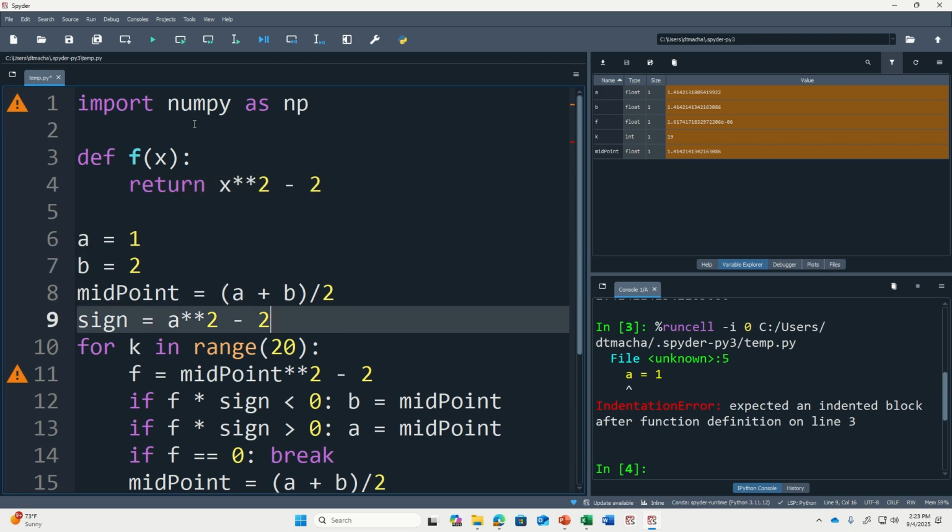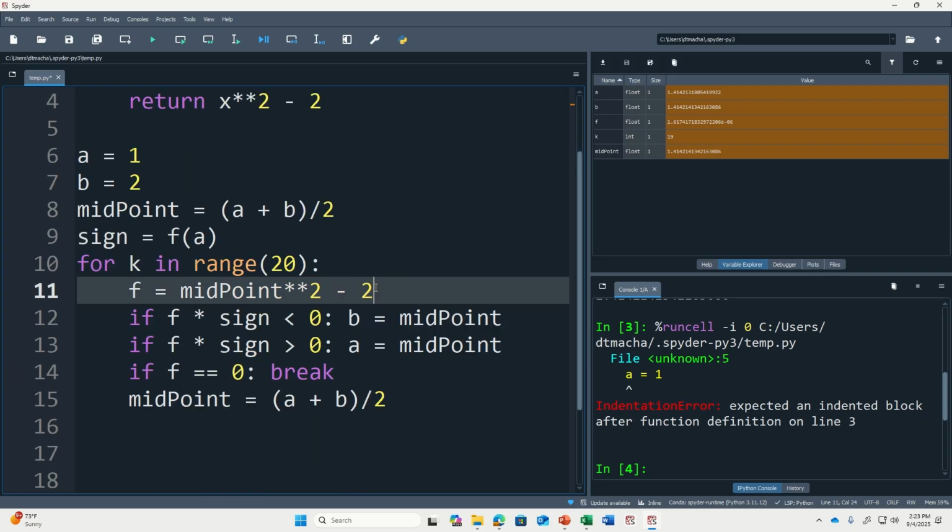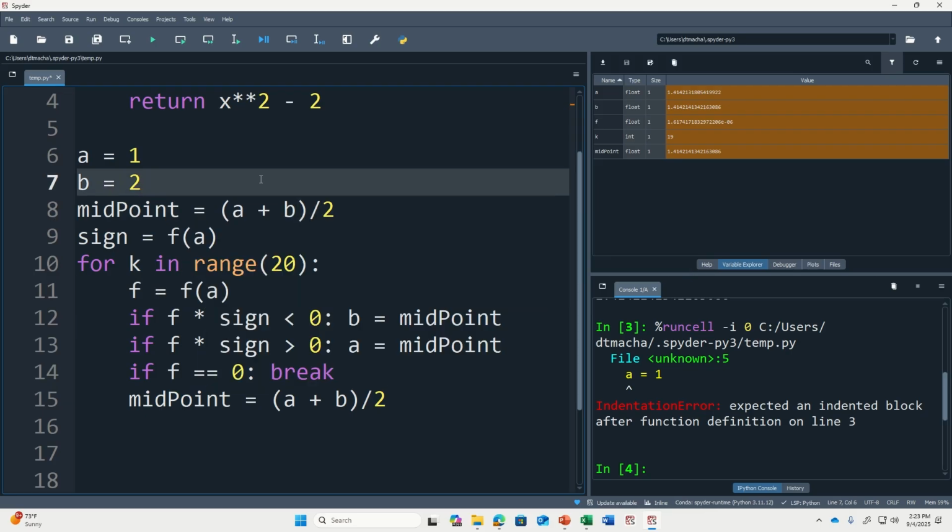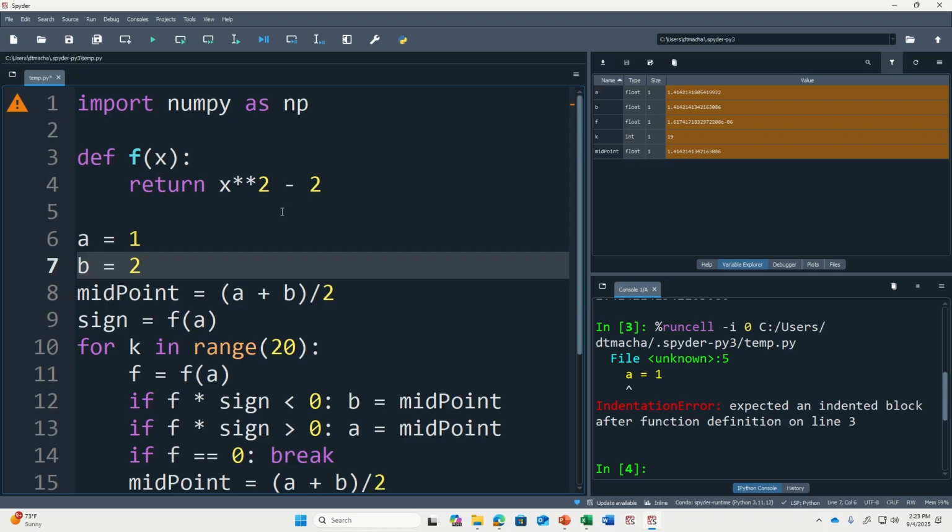there we go. Now I can say something like this. There we go. And I don't have to keep typing out the function every time. I just have to change what that is.